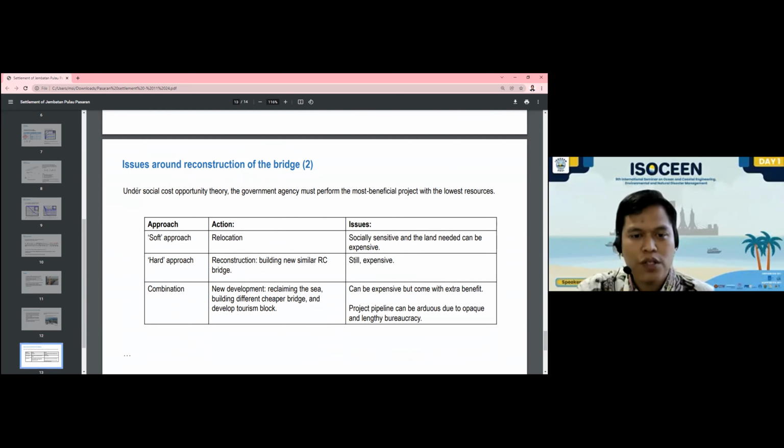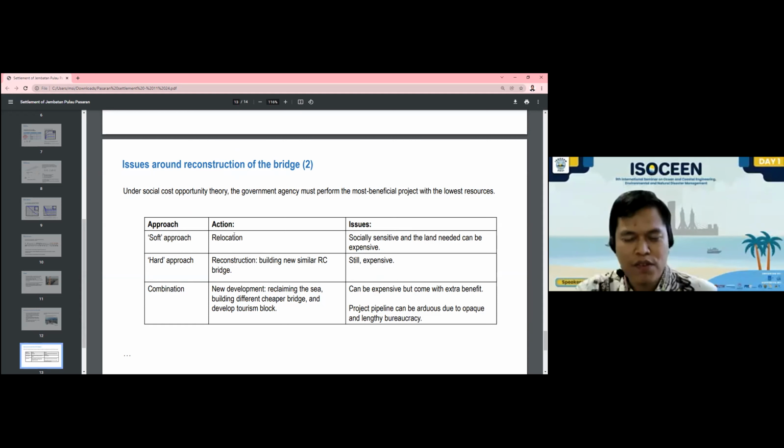And under social opportunity cost theory, the government agency must perform the most beneficial project with the lowest resources. So we can put some options regarding the solution for the bridge. First is the soft approach, second is the hard approach, and third, we propose a combination approach.